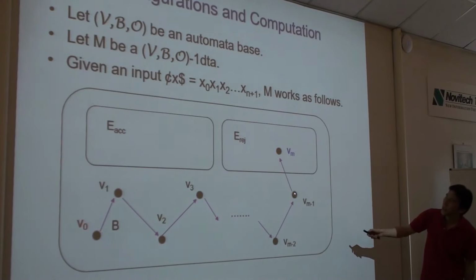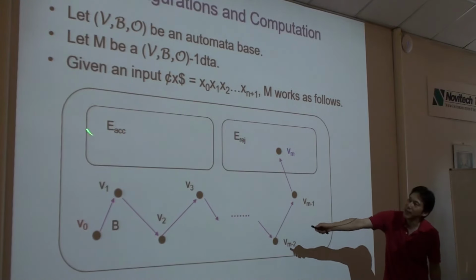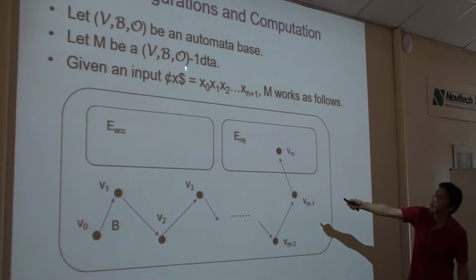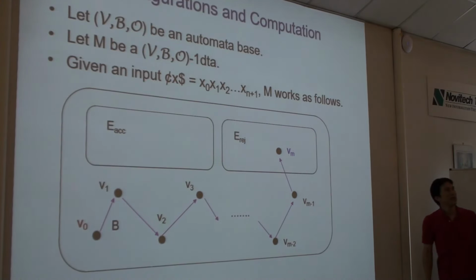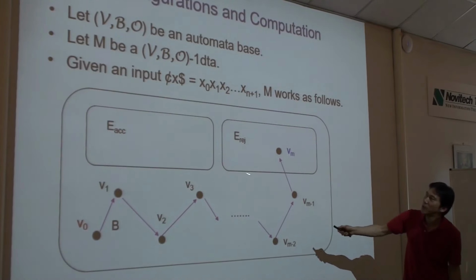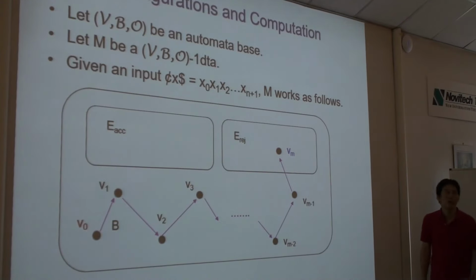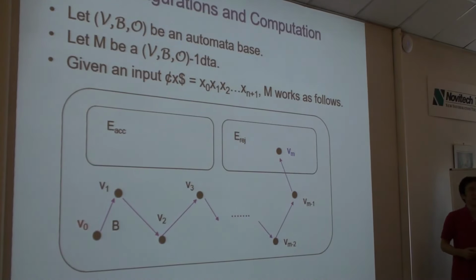Eventually we hit either this set or this set, and the computation stops. Or we read the entire input, and then we require that the machine has to fall into either this or this by the time of reading the right end marker.